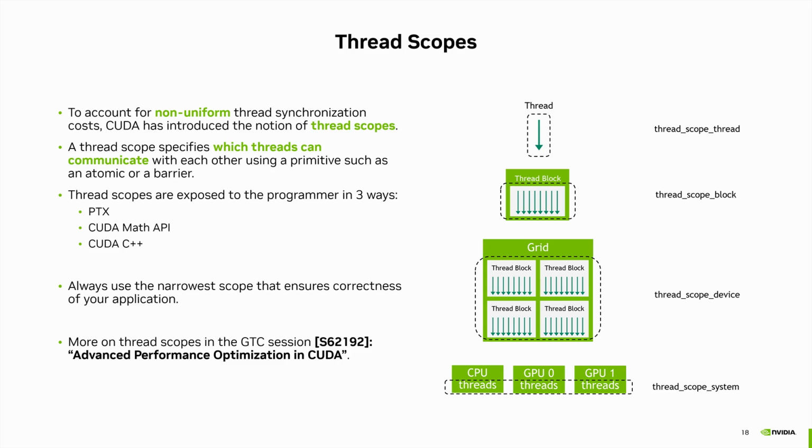Thread scopes are exposed in 3 ways: in PTX, which is our virtual ISA, in the CUDA math API, or in CUDA C++. The rule of thumb here is to always use the narrowest scope that makes sure your code is correct. And usually the default options are what you need. More on this in the next session on advanced performance optimization in CUDA.